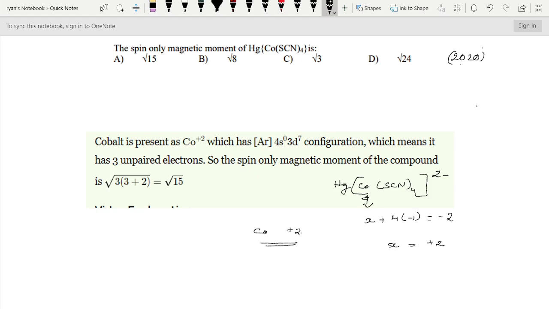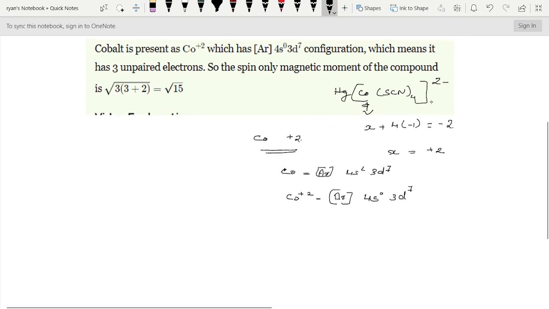Then the electronic configuration of cobalt is argon 4s2 3d7. Here cobalt is in +2 oxidation state, therefore the electronic configuration is argon 4s0 3d7. In the d orbital there are 7 electrons.